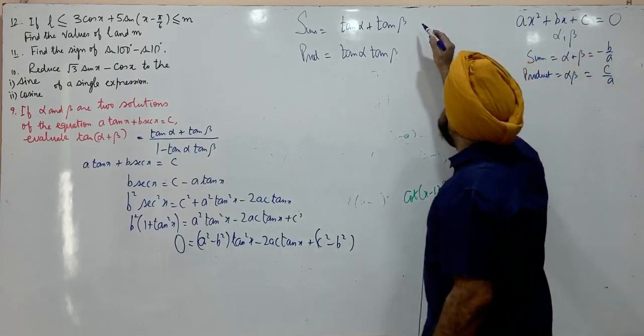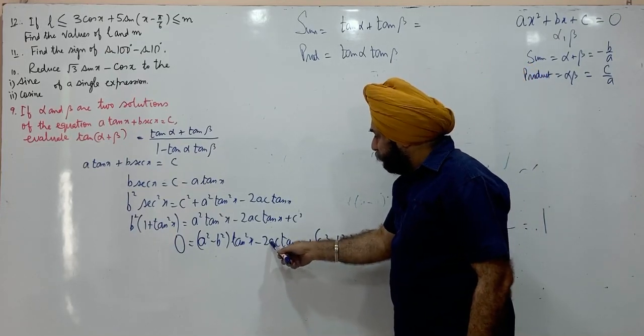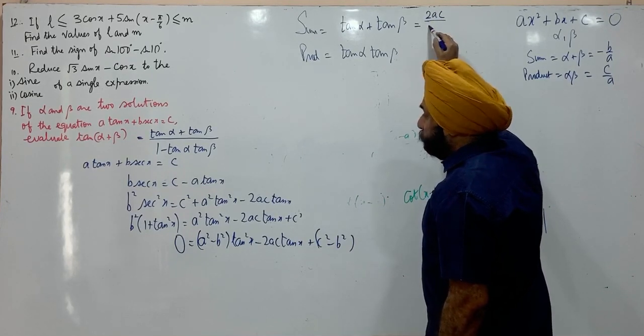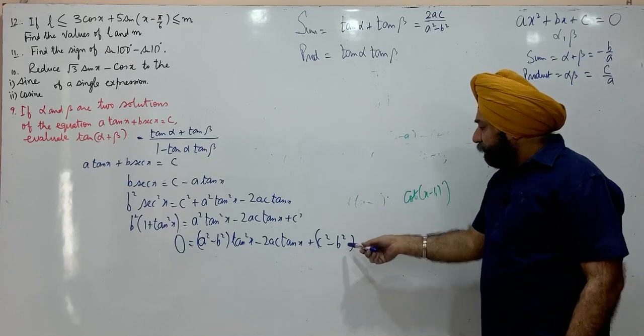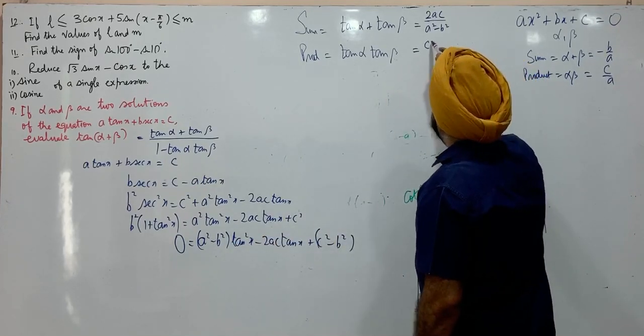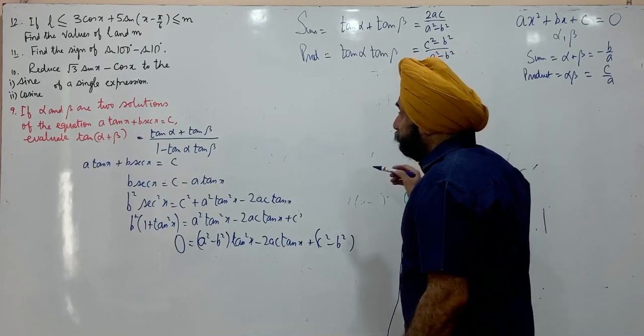So this gives us tan of alpha plus tan of beta as 2ac upon a square minus b square, and product of roots, that is constant term upon coefficient of x square, is c square minus b square upon a square minus b square.